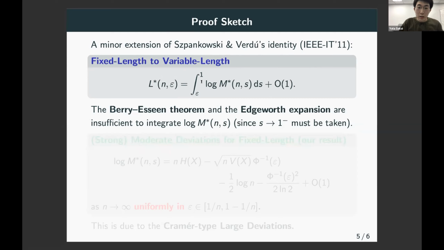To evaluate the left-hand side, it suffices to calculate the integral of the fundamental limit of fixed length compression.